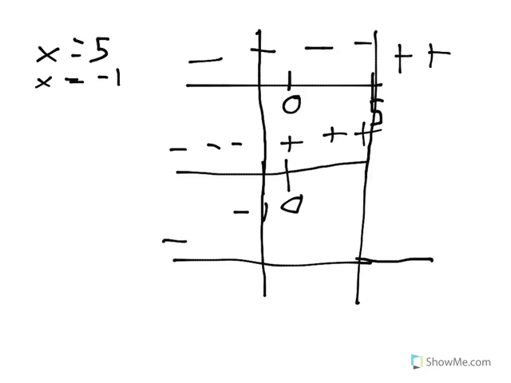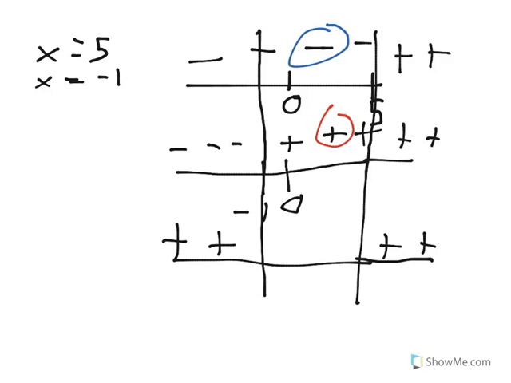So a negative times a negative is a positive. So positive when x is less than negative 1, and positive times a positive, over here, is also a positive, but a positive times a negative is a negative.